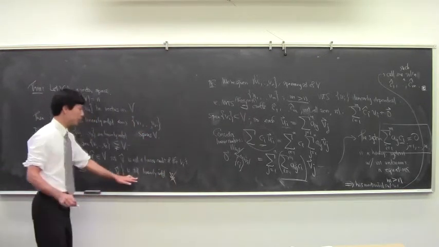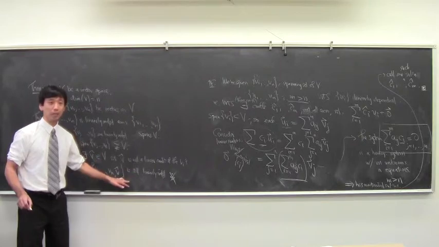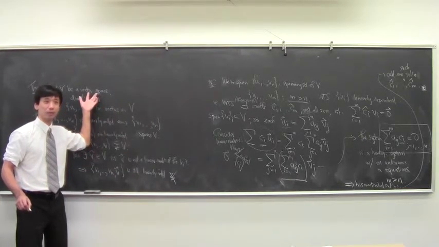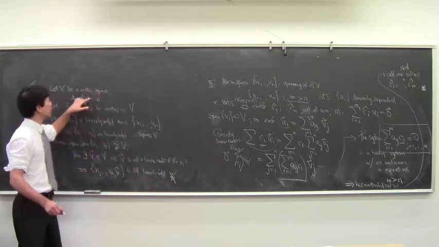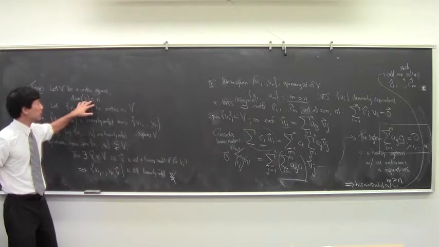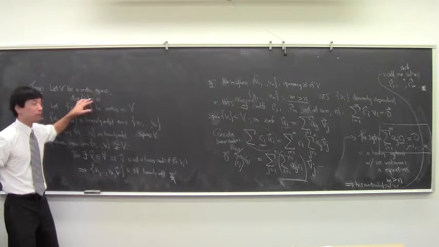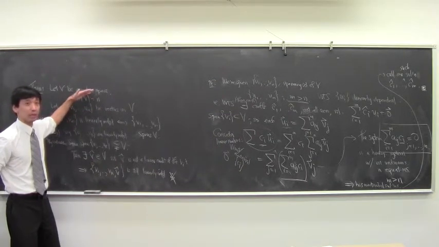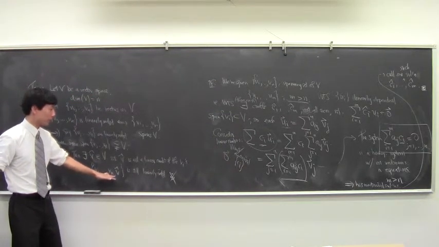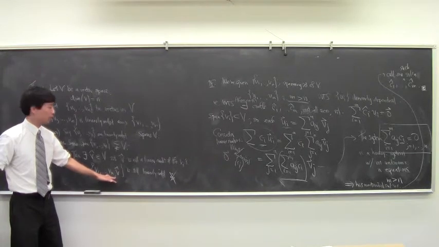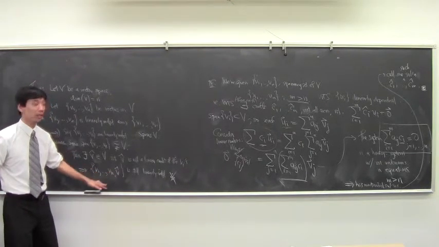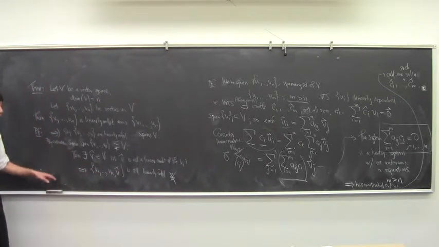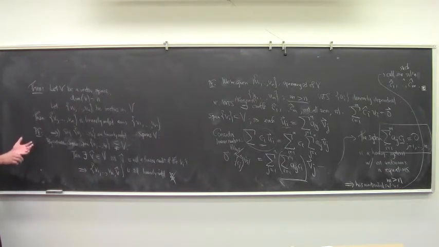Knowing that the space is dimension n means that we can find bases which are spanning sets which have n elements. But we've just created something that has n plus 1 elements and is still linearly independent. And that contradicts the previous theorem, which said that linearly independent sets should have cardinality less than or equal to that of spanning sets.